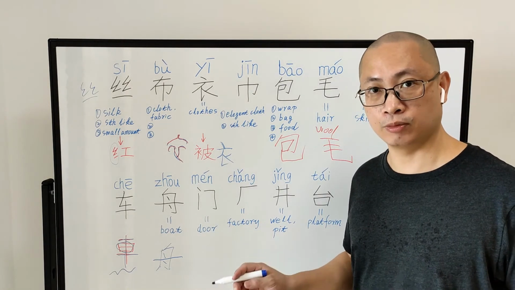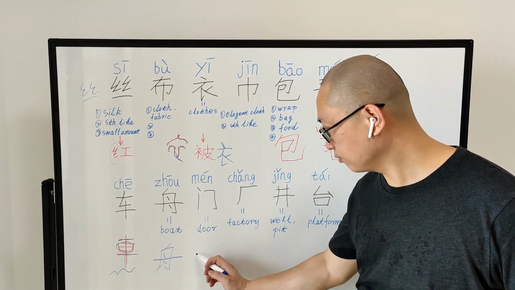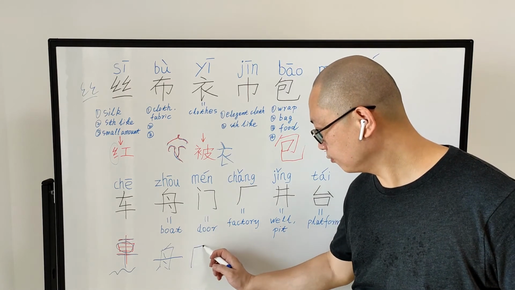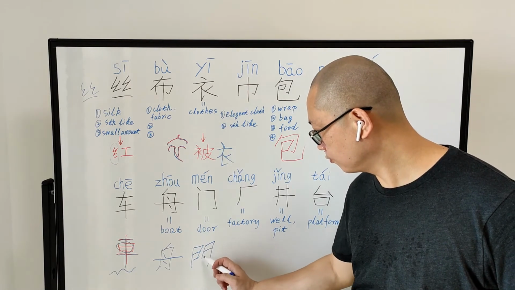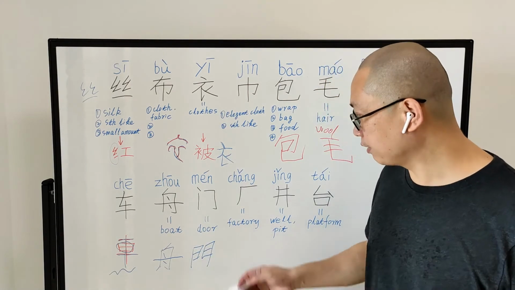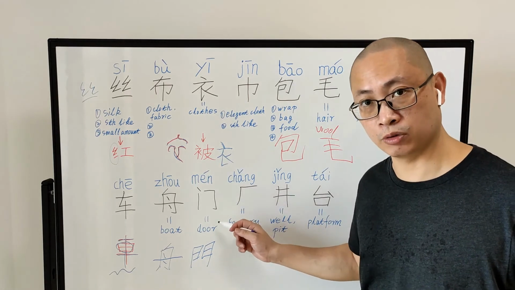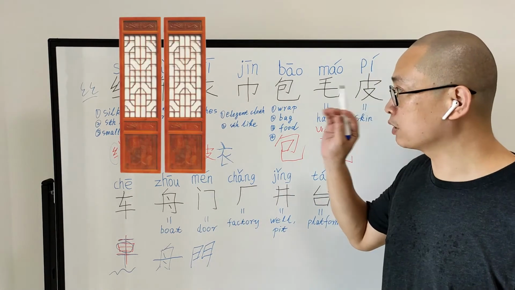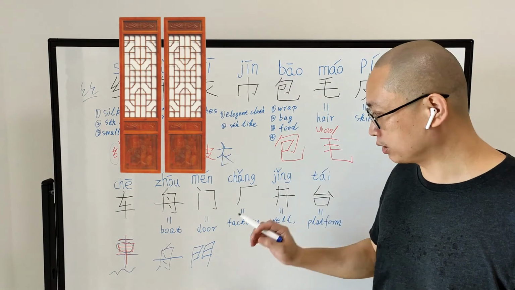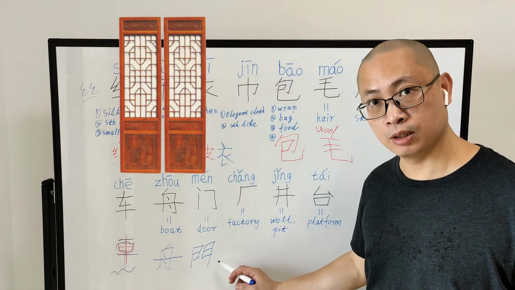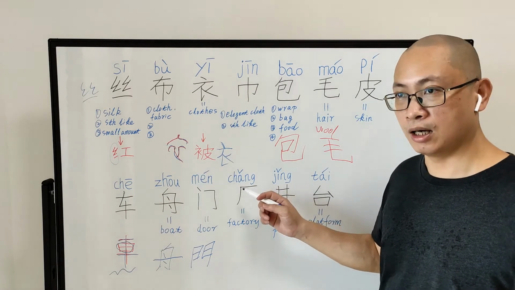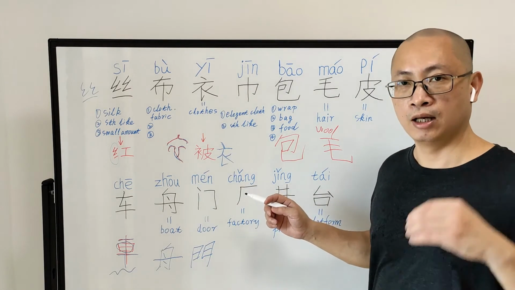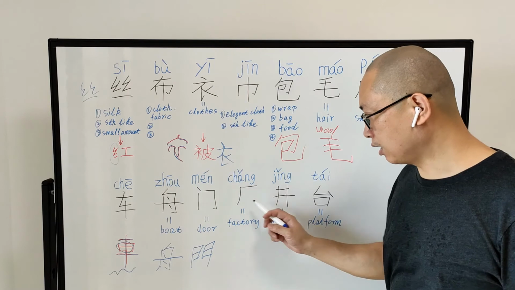The Chinese classical character is written like this, and simplified to this structure. Please check this picture while trying to memorize them. Next character, 厂.